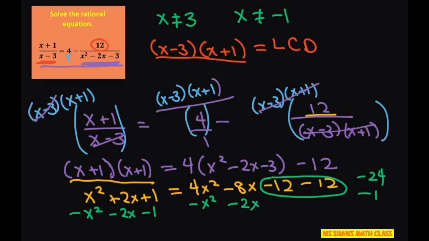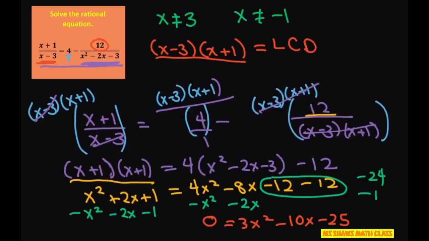All right, and we're going to get 3x squared minus 10x minus 25, and this all zeroes out here. So 3x squared minus 10x minus 25 equals 0.